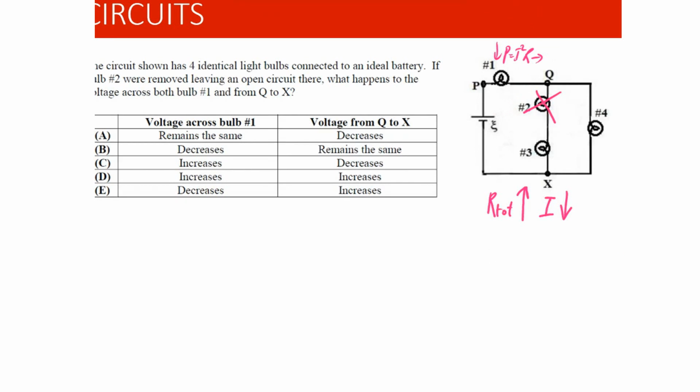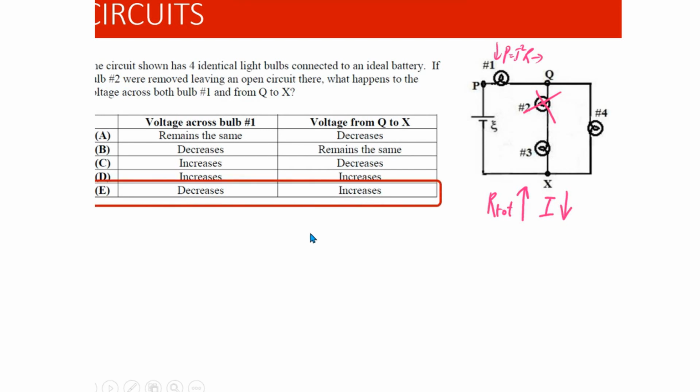Okay, let's check the answer. It should be E actually. Okay, this one please. It should be E. The reason, now look at this one now. When you cut this branch actually, the total resistance will increase.